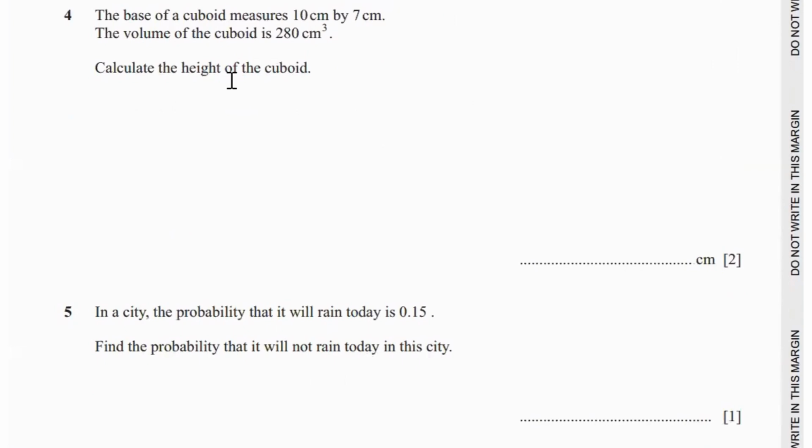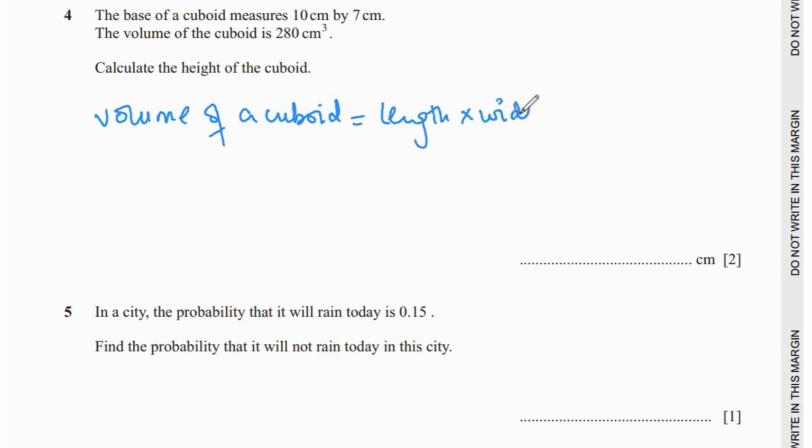Question 4 says the base of a cuboid measures 10 centimeters by 7 centimeters. The volume of the cuboid is 280 centimeters cubed. Calculate the height of the cuboid. So to calculate the height, you need to know the formula for the volume of a cuboid. Volume of a cuboid has the formula of length times width times height.